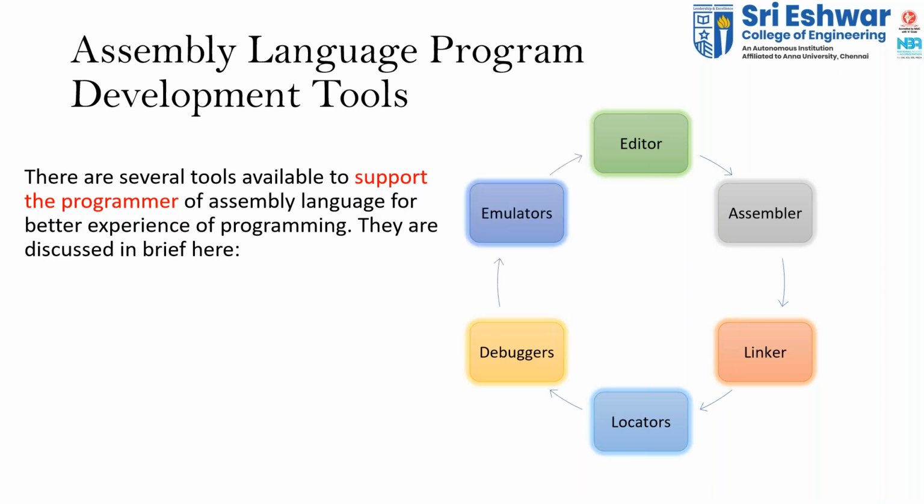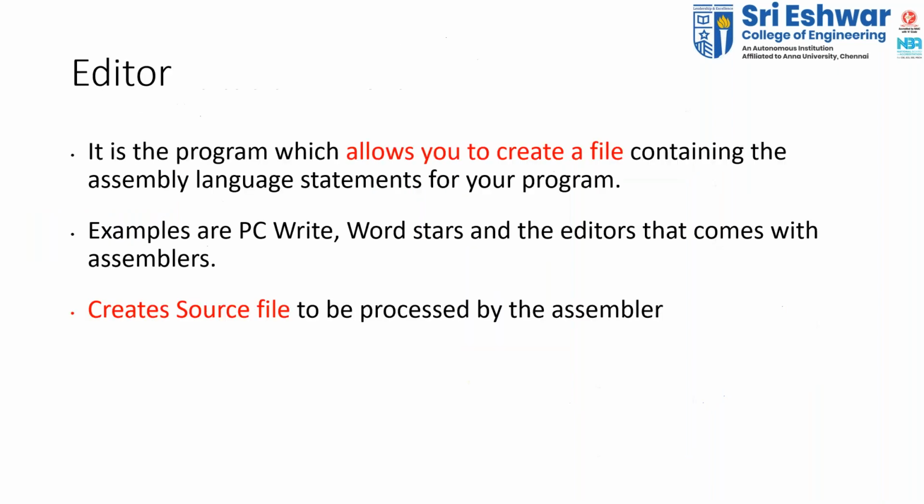Next we have the emulator. The emulator is a combination of hardware and software which is used to display the result. So: editor, assembler, linker, locator, debugger, and emulator. These are the tools available in assembly language programming.